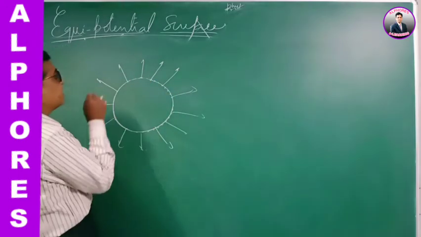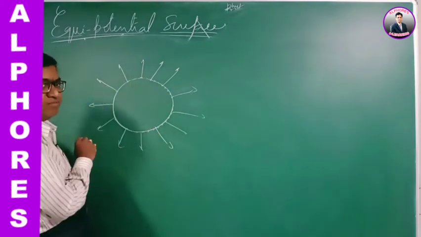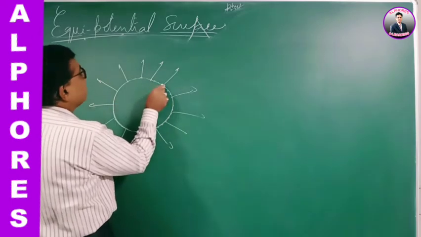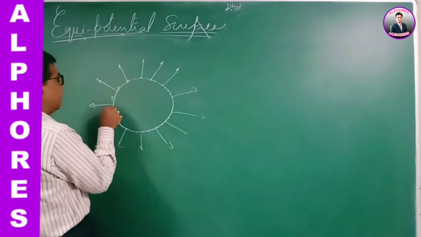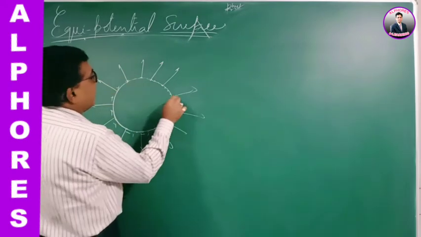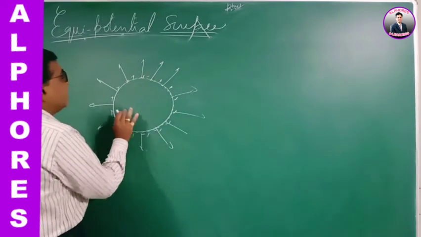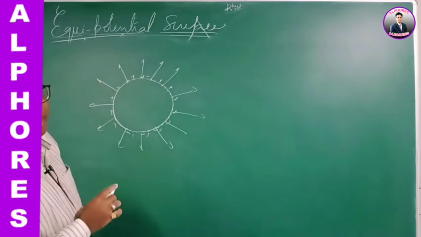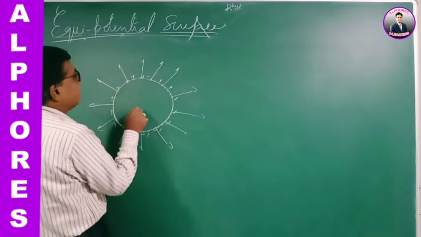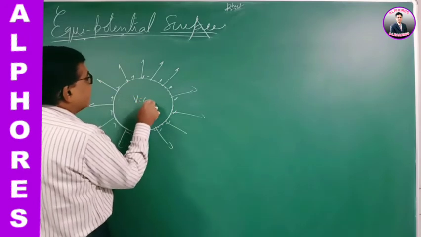So suppose I consider a metal sphere. For a metal sphere, there is no charge inside. All the charge lies on the surface of the sphere, and at all the points inside, the potential is the same, a constant.